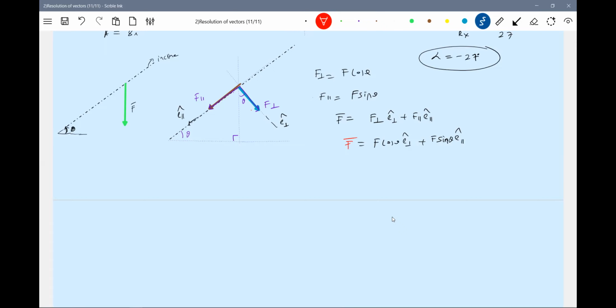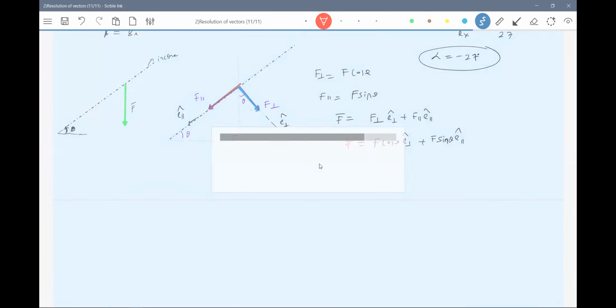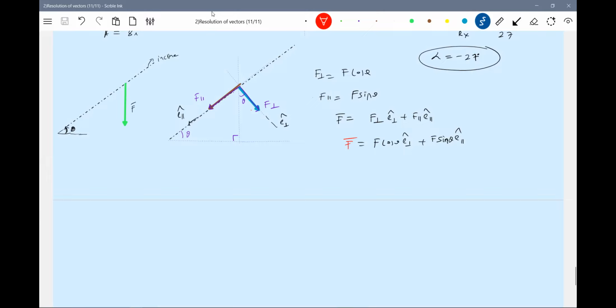This is one very fundamental thing which will be widely used in the remainder of physics. Kids, like I introduced you to the resolution of vectors into their rectangular components, this is a very fundamental vector property which will be widely used in the rest of physics, in almost every topic.